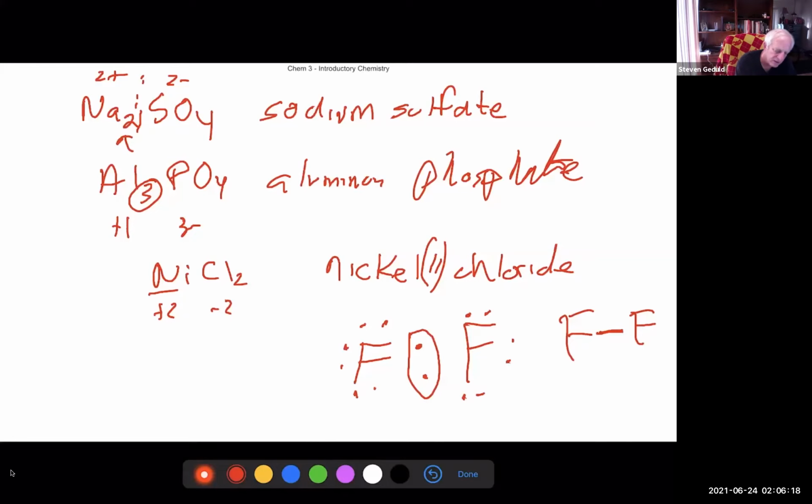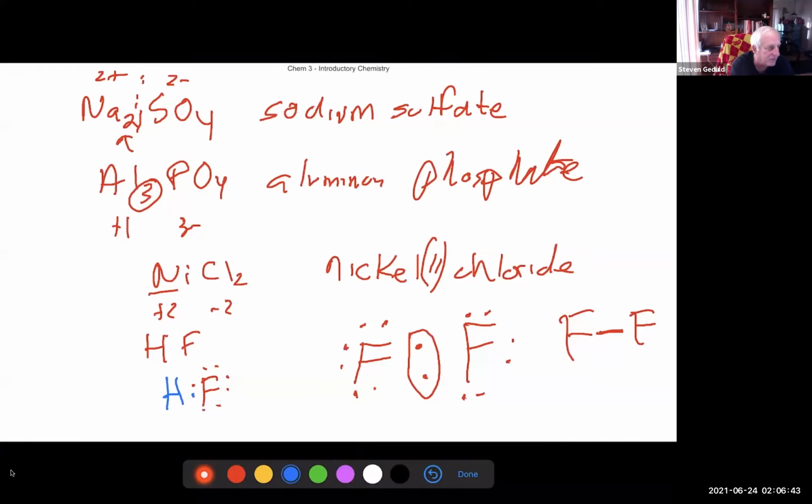Hydrofluoric acid. Let's go HF. Fluorine has 7. Hydrogen, let's do hydrogen in a different color, has 1. We've got 8 around fluorine and 2 around the hydrogen because it's being shared there. Hydrogen is our exception to the octet rule.